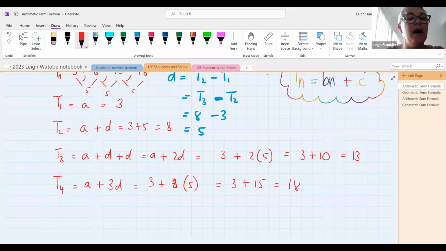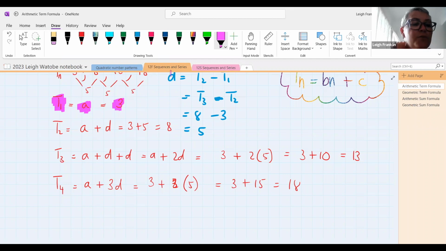The reason I am doing this is because it is very important for you at matric level to know that A is the first term, and that all arithmetic patterns can be written in terms of A and d. So when they tell you the first term of a pattern is 3, they are saying A is 3.